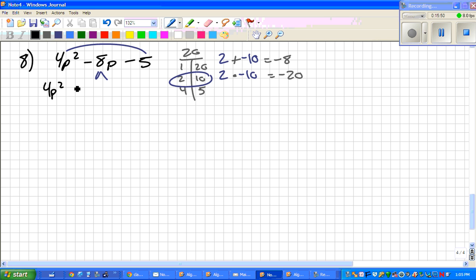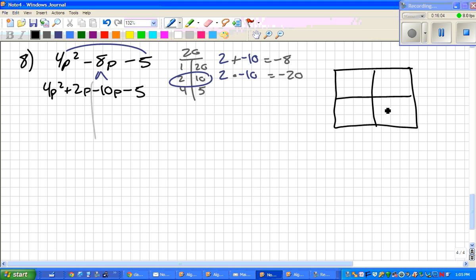Okay, so 4p squared plus 2p minus 10p minus 5. Do whichever method you want to do. We're really stressing the box method because it gives you the answer right away.